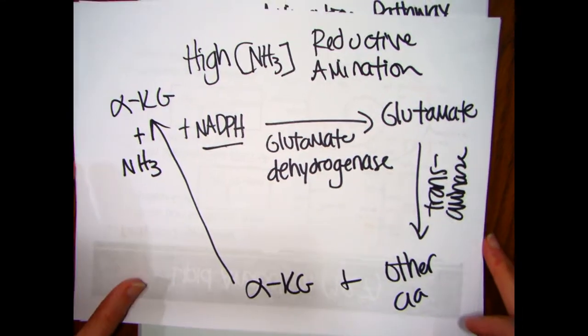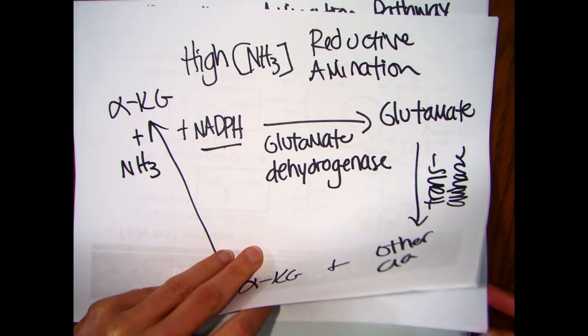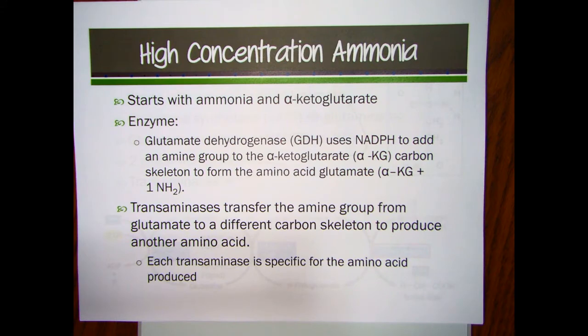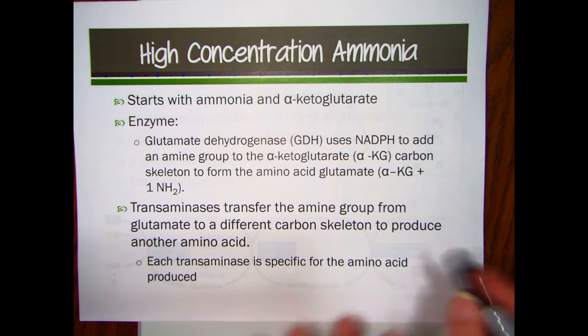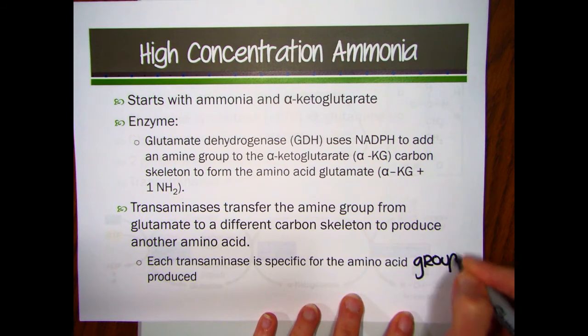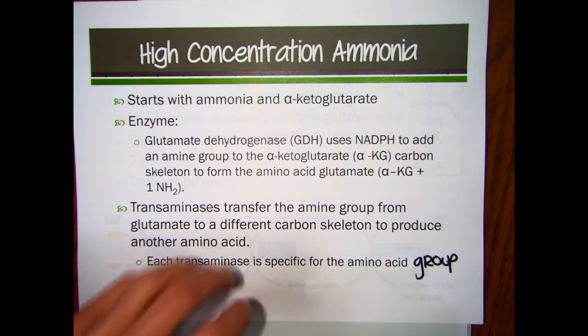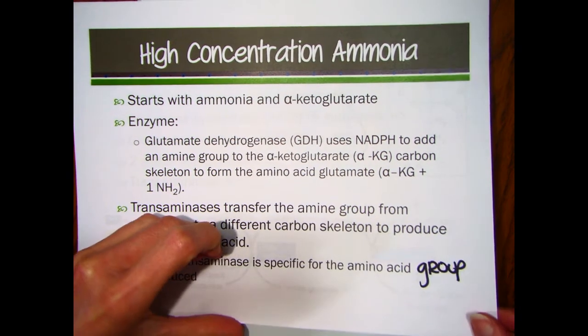Okay, so let me scooch off this one. Oh, then I have some text slide here for you, specific for the amino acid group. You see I have this error all over. I'll just fix it as we go. Okay, so if you need this slide, you can pause here, but we are going to go on.